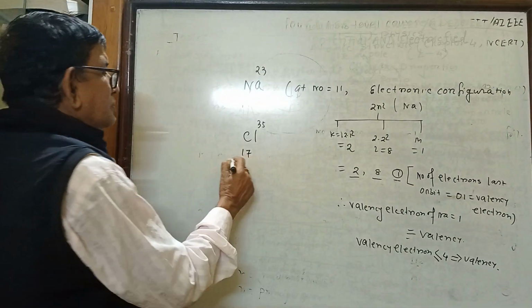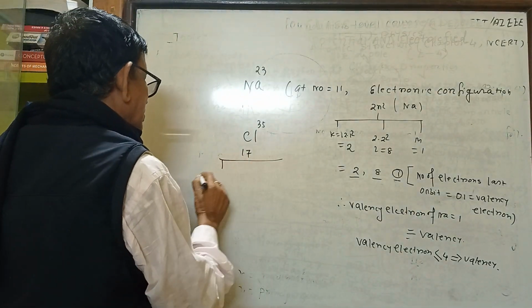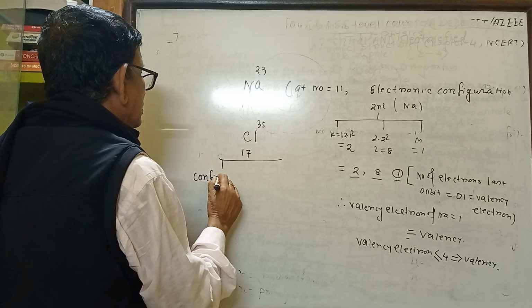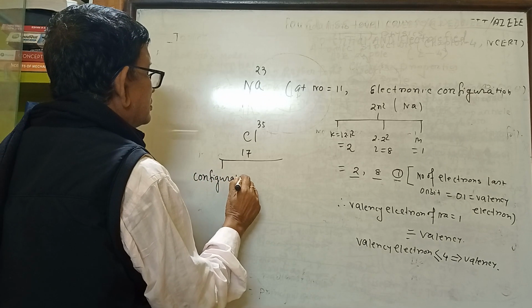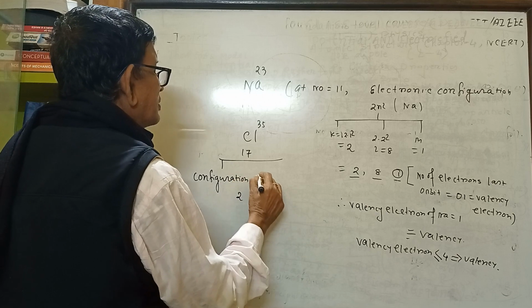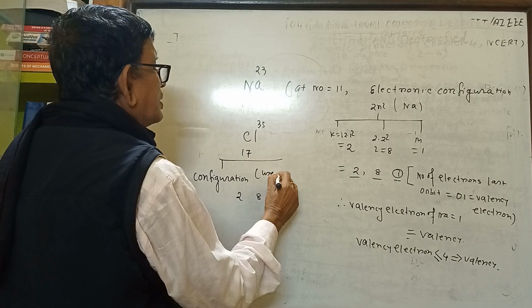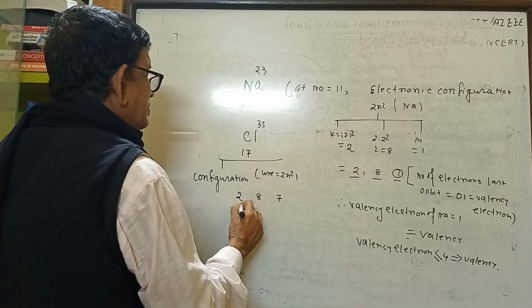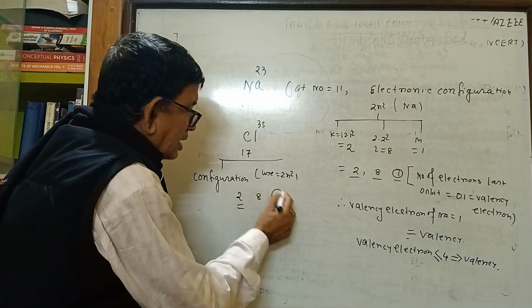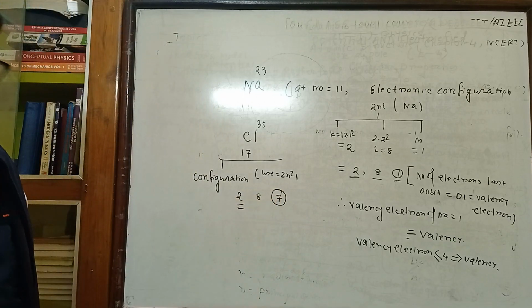Now chlorine. You write down the configuration 2, 8, 7. Use 2n square: first 2, then 8, then 7. How many electrons are there in the last orbit? 7.